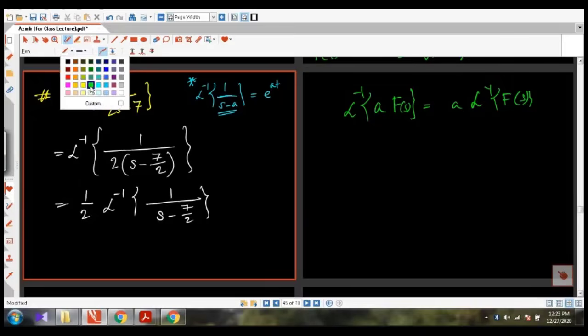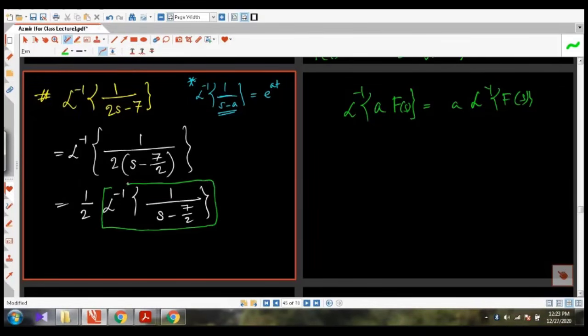Now let's have a look here. It goes directly with this one. Inverse Laplace of 1 over s negative a is e power at. So what is the value of a? It's 7 by 2. So the result is finally in our hand.